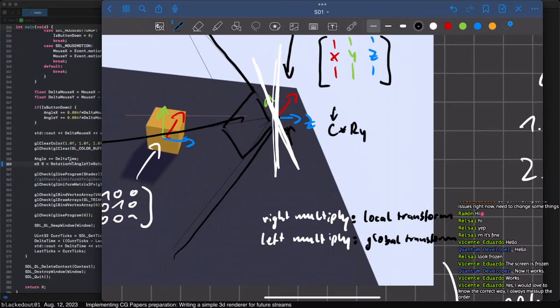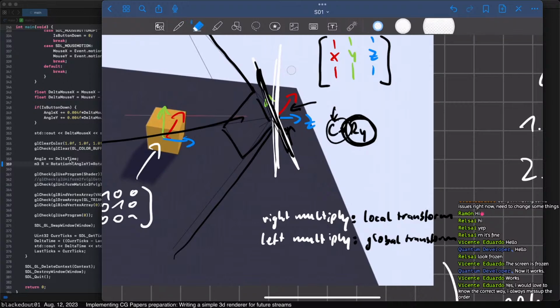So you can think of it like we don't even know that this matrix exists. So think of it like this is the original coordinate system, because later that is the coordinate system that we are looking at. And when you multiply it from the right, this is the first thing you do. So of course you rotate around the local coordinate system. So I hope that wasn't too confusing, but that's what I think about.